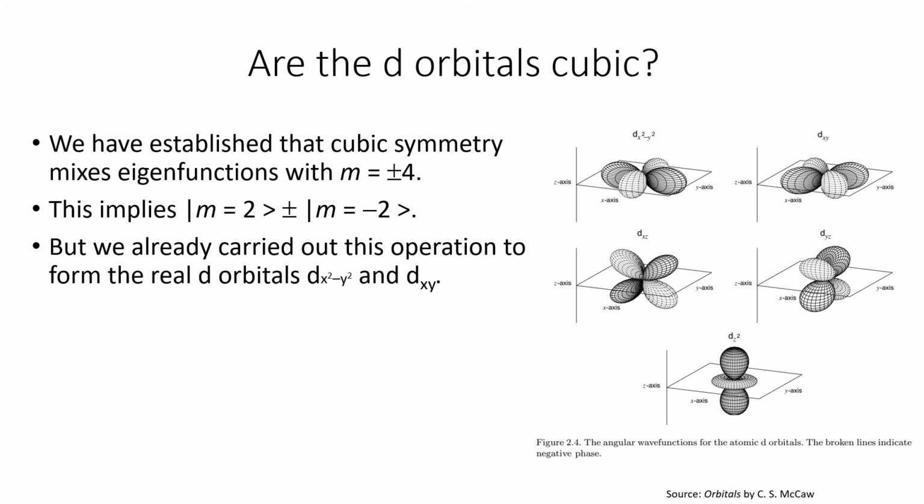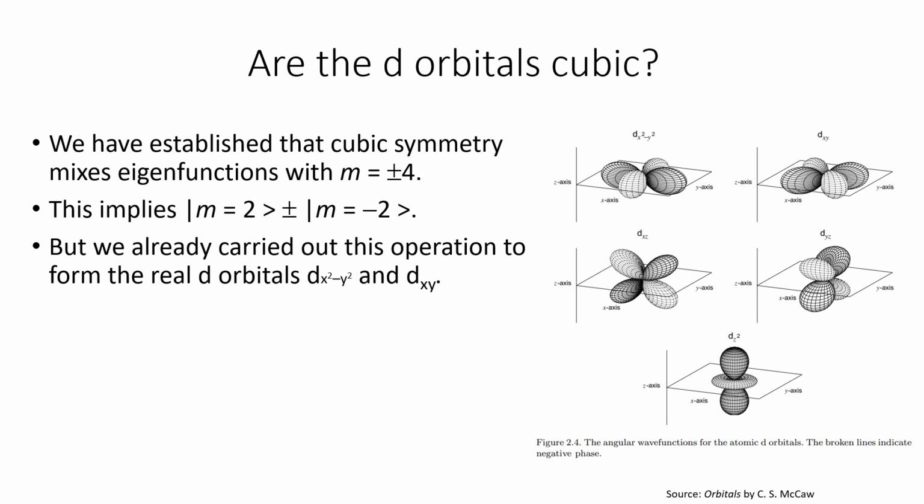So in fact, this process of combining 2 and -2, sum and difference, we already did in our definition of the d orbitals. But at the same time, of course, we were mixing eigenfunctions whose m quantum number differed by 4, which is also the process of making it symmetrical under these kind of cubic conditions.